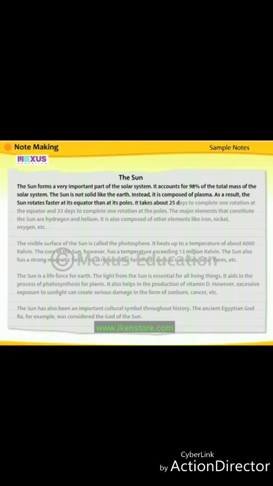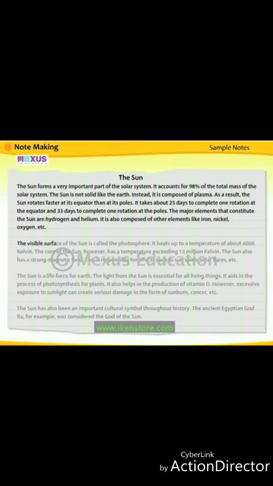It takes about 25 days to complete one rotation at the equator and 33 days to complete one rotation at the poles. The major elements that constitute the Sun are hydrogen and helium. It is also composed of other elements like iron, nickel, oxygen, etc.